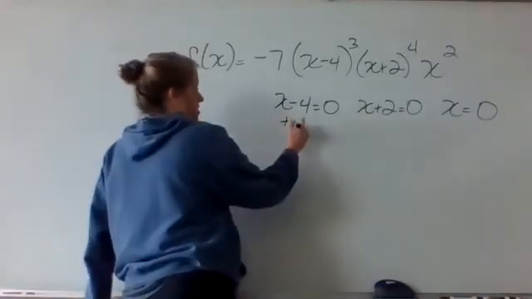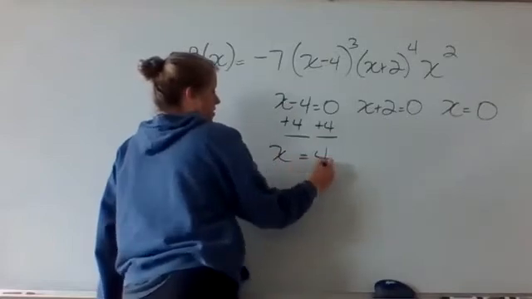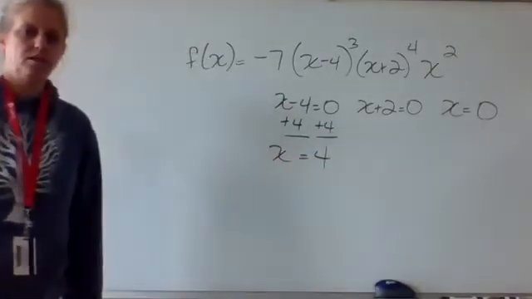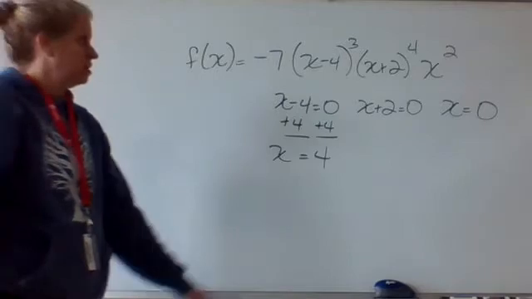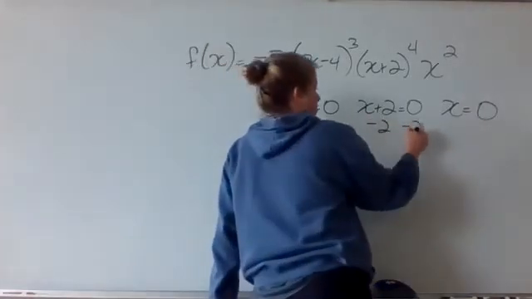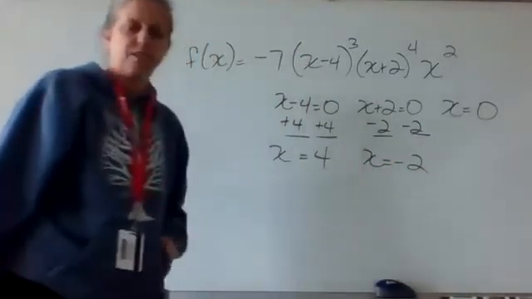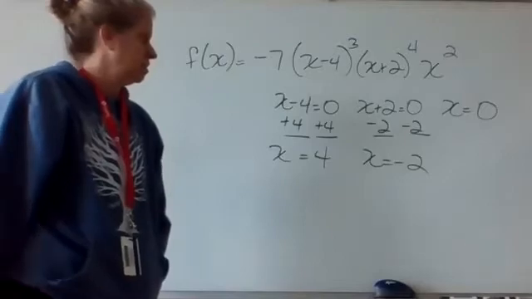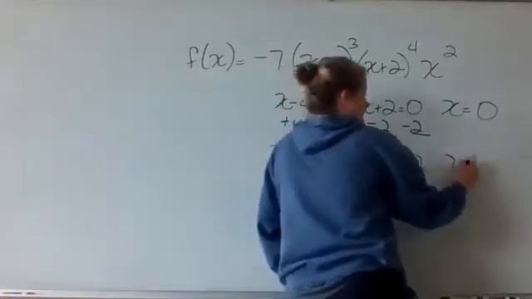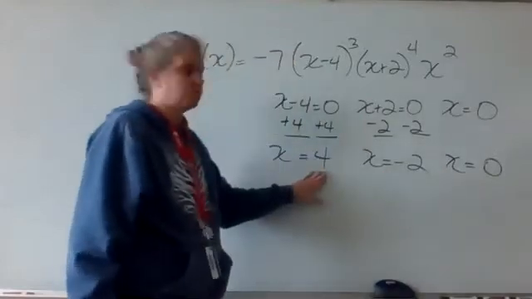So there's all your factors, set equal to 0. Let's solve them for x. So add 4 to that one. So that x-intercept is 4. Plus 2, so I need to subtract 2 to get rid of that. So x equals -2. So there's that x-intercept. And this one's already solved, right? It's just x equals 0. So there's your 3 zeros.